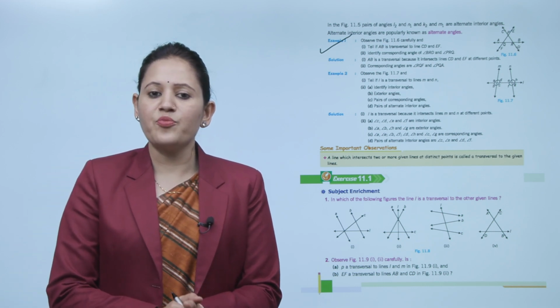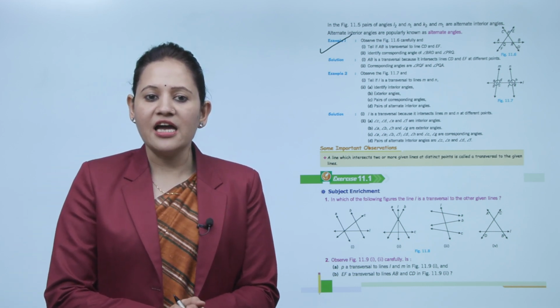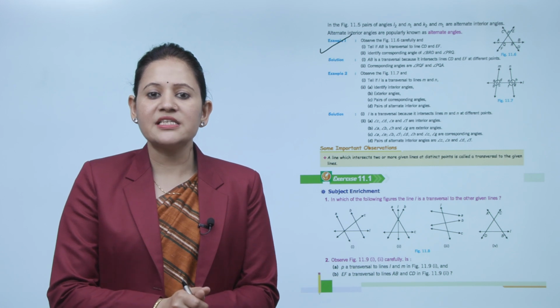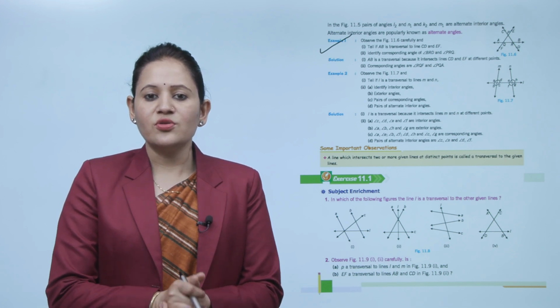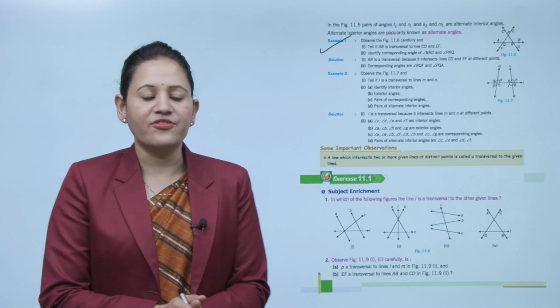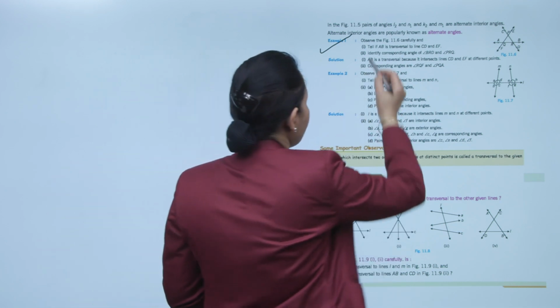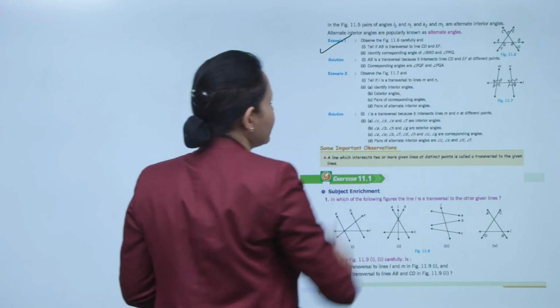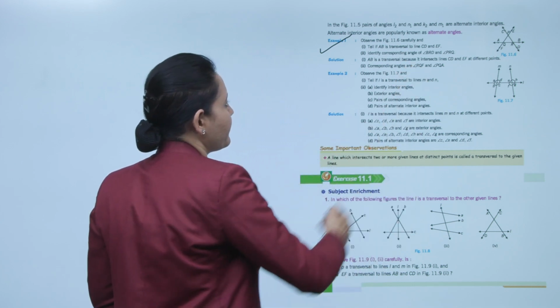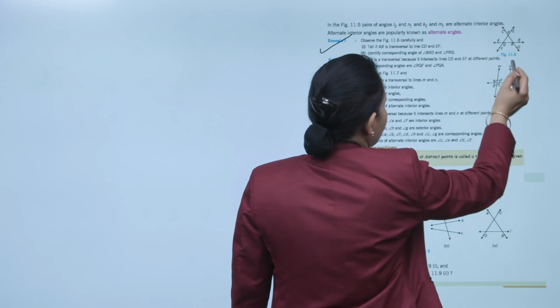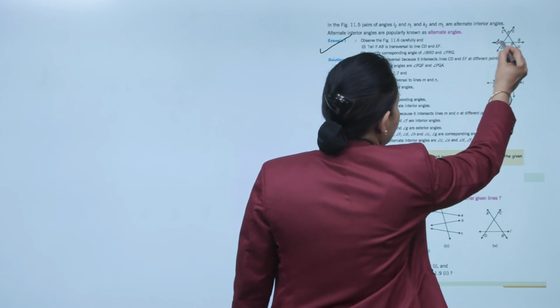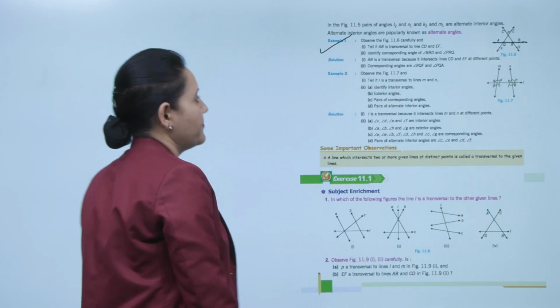Now, we will take an example. Observe figure 11.6 carefully and tell if AB is a transversal to lines CD and EF. Here is the line AB.